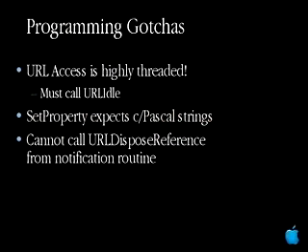So let's go through some issues that other developers have hit in the past when they're programming to URL access. URL access is a highly threaded API, so you absolutely have to call URL idle, and I hope I drilled that home in my examples. Set property expects C or Pascal strings in some cases.